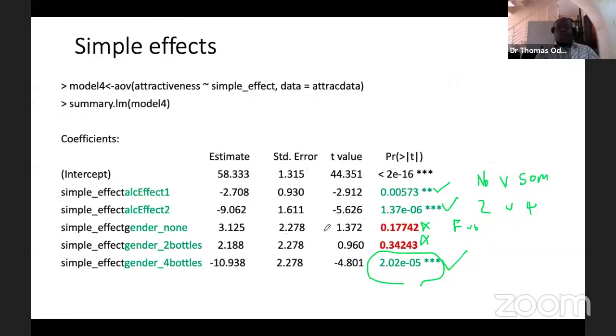Okay, so gender none, I mean, if you compare male and female when they have not taken alcohol, the level of choice of mate is the same. When they have taken 2 bottles, the level of choice of male and female are also the same.